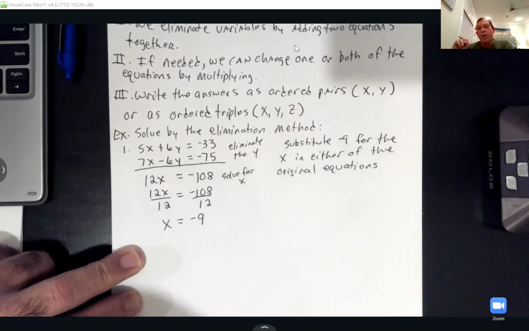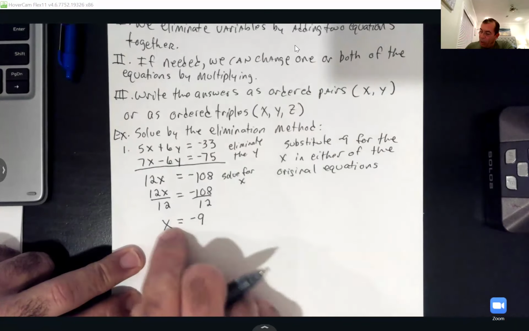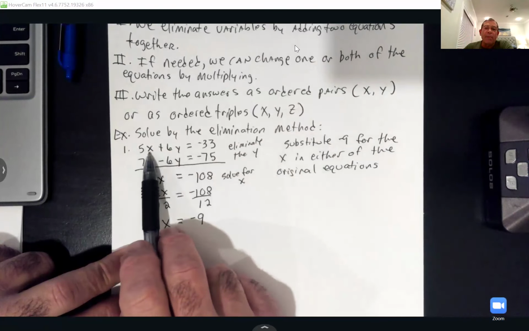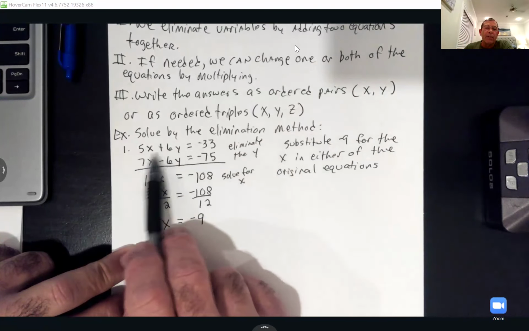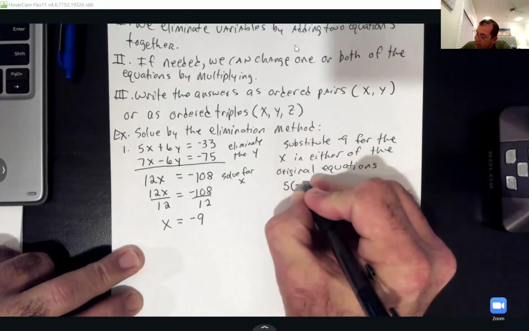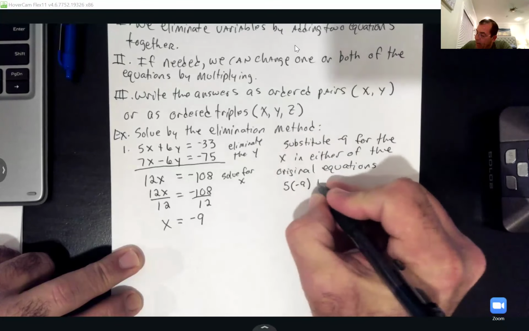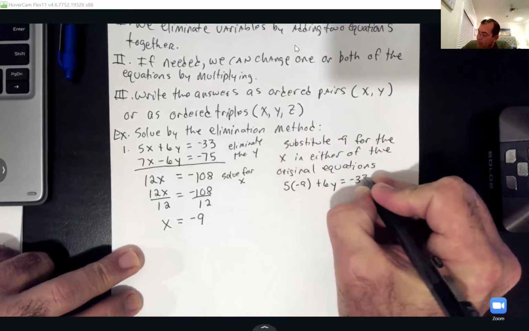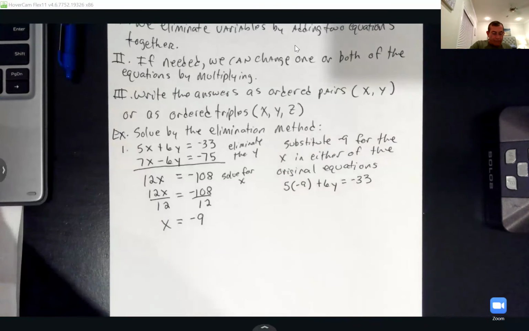And this is what we sort of call back substituting. We're going to go back into one of these two original equations. And I'll probably pick the first one because that's all positive on this side. So I'm just going to put a negative 9 in for that x. So I got 5 times negative 9 plus 6y has to equal that negative 33.